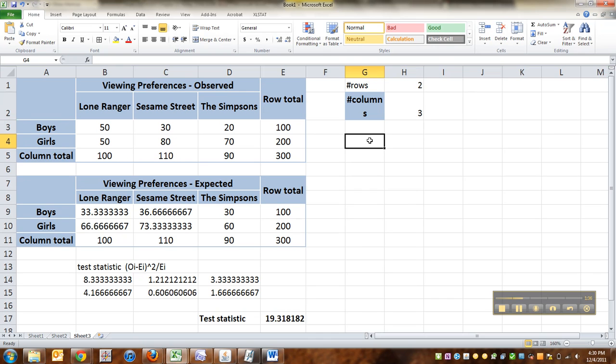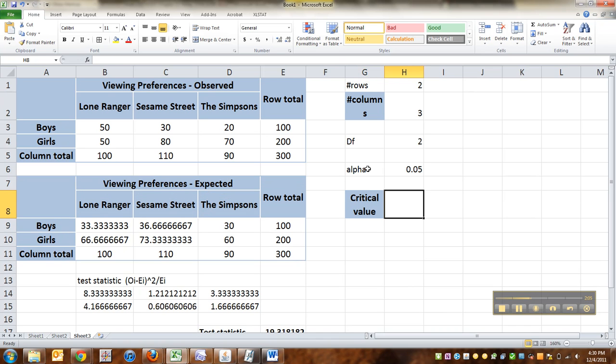So the degrees of freedom would be equal to (2 take away 1) times (3 take away 1), which is 2, because this would be 1 times 2, right? So there's your degrees of freedom. And then we're going to need alpha. Alpha was 0.05.